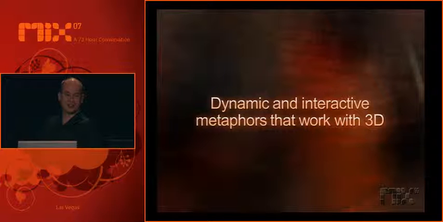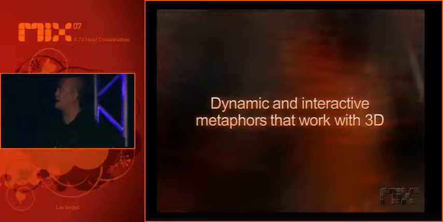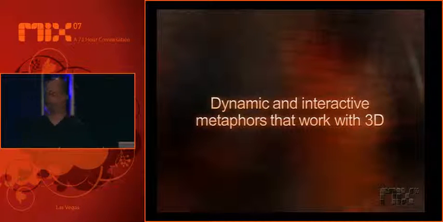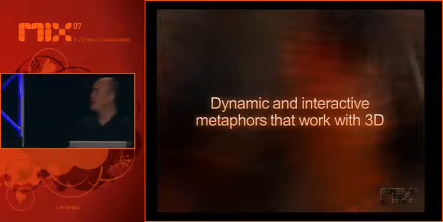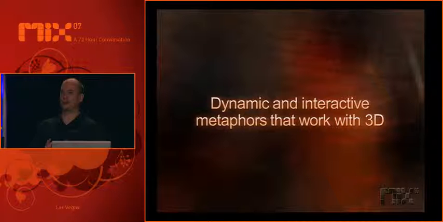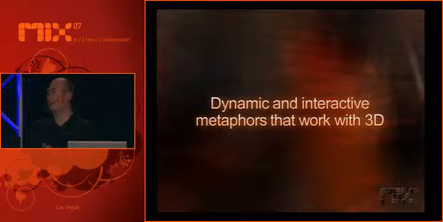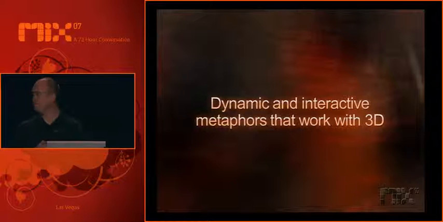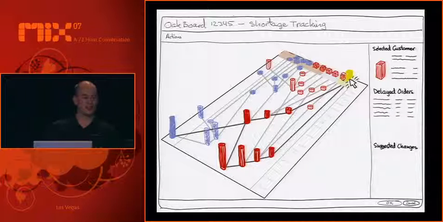I call this trying to understand what metaphors work. We use a lot of different metaphors when we're designing. We call things pages because that's a metaphor that makes sense to us. We talk about bar charts and things that make sense to us. When you get into 3D, you start to realize that we use color metaphor all the time, and color metaphor becomes really difficult to design with because in 3D there's so much interdependency with it. That started me down a path of trying to figure out, well, here's our design.